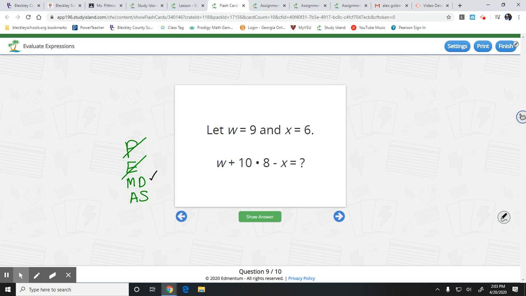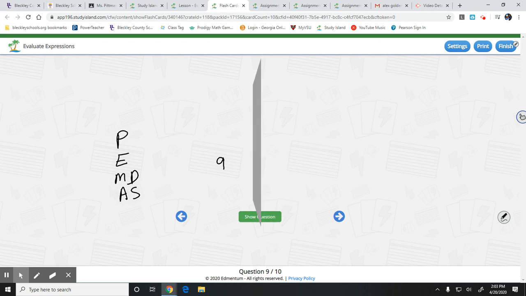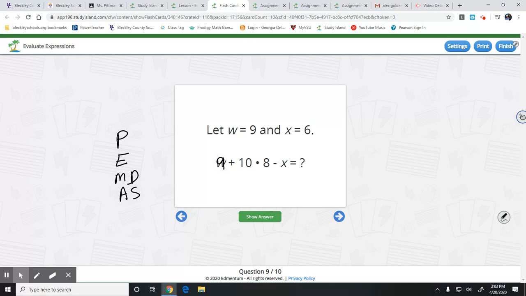All right, let w equal 9 and x equal 6. So I'm going to go ahead and write, please excuse my dear Aunt Sally. You need to do this every time you go to work one of these problems. So I'm going to come in here and substitute. I'm going to have 9, and we're going to have 6. So I have 9 plus 10 times 8 minus 6.